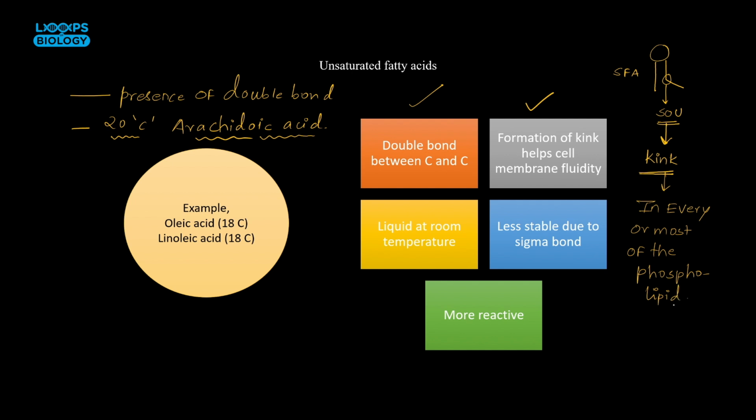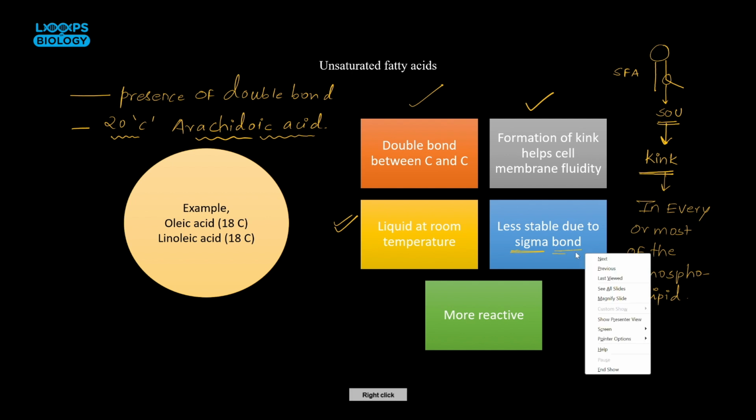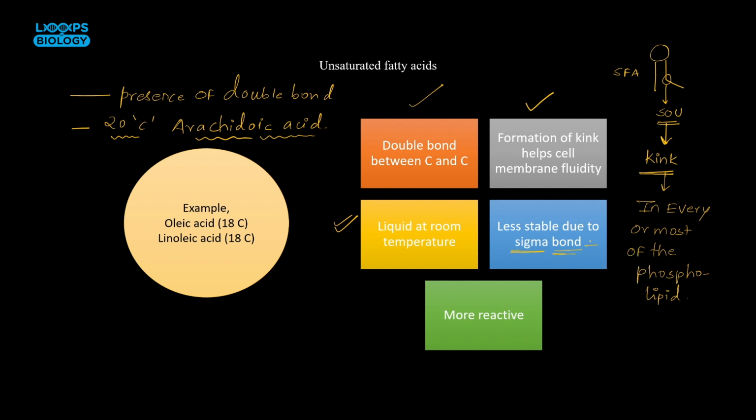Alright. So these are basically liquid at room temperature and they are less stable. Even though there is a presence of sigma bond, along with this sigma bond there is going to be a pi bond. So due to this pi bond, they are more reactive and less stable.